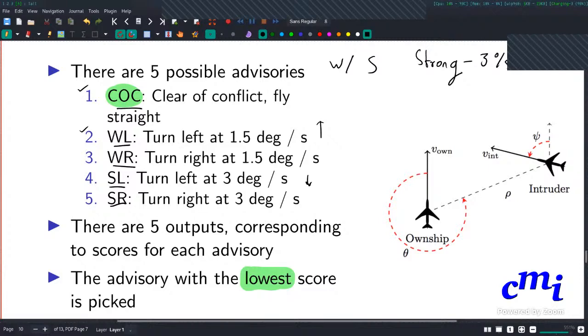When we do image recognition, the 5 outputs correspond to probabilities of the network thinking that this particular image is that particular character. It's a similar situation here. Each score basically represents the amount of confidence that the system has that this is the correct decision to take in this particular situation.